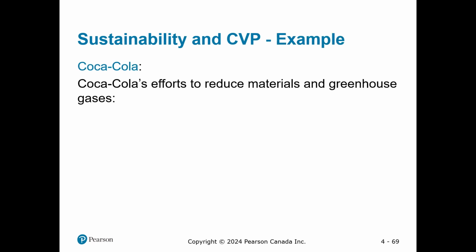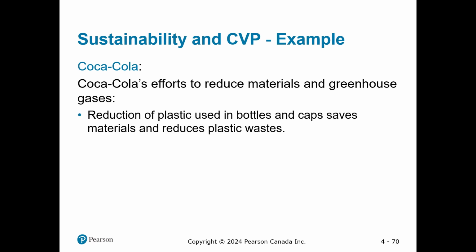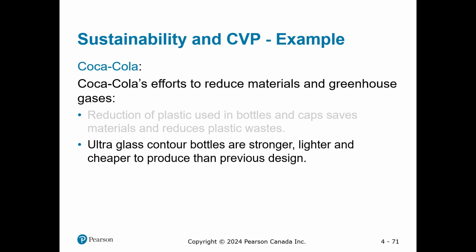What's an example? Coca-Cola. So they were trying to reduce their materials and their greenhouse gases. So what they did is they reduced the amount of plastic in their bottles and in their caps. So they're reducing plastic waste, but they're also reducing the amount of materials they were using. Their ultra glass contour bottles are stronger, they're lighter, and they were cheaper to produce than their original design.